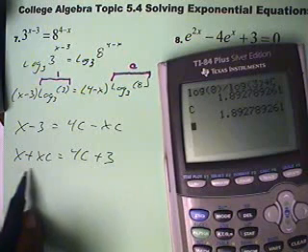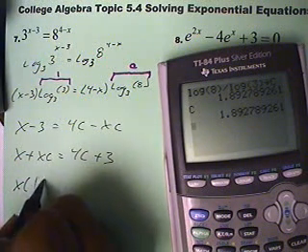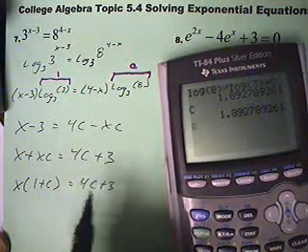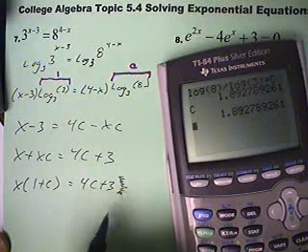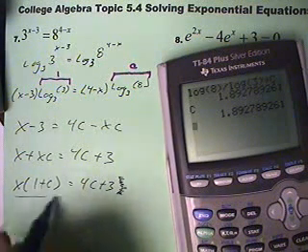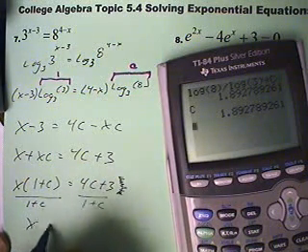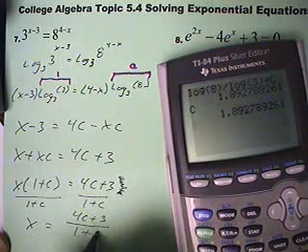Now that I have my x's on the same side, I can factor it out as x times (1 plus c) equals 4c plus 3. Then I'll divide everything by the 1 plus c to isolate my x. So x is going to equal 4c plus 3 all over 1 plus c.